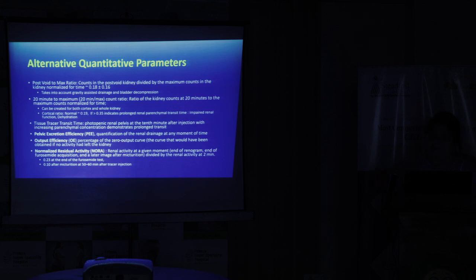If there is one technique which actually tells you whether this kidney is obstructed or not, it is this particular parameter, where you actually calculate the post-void counts in the kidney versus the maximum counts in the kidney.